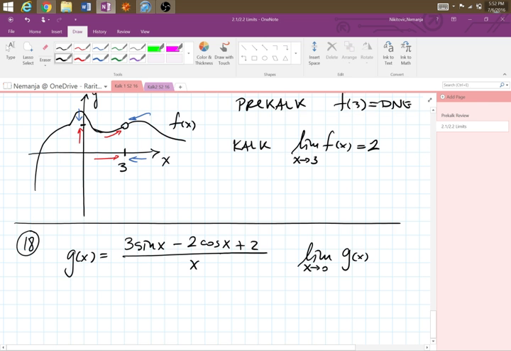Just type in graphing functions in the App Store, and you should run into a few of those free things to use. Otherwise, you need to have something to graph this thing, and then just take a look at what happens at 0.